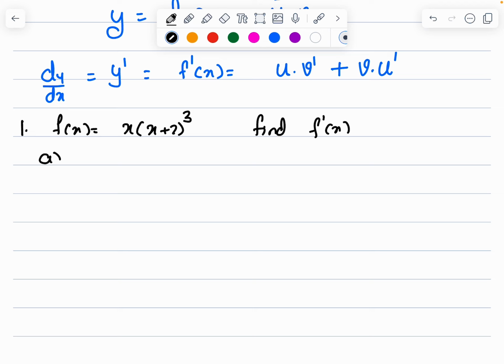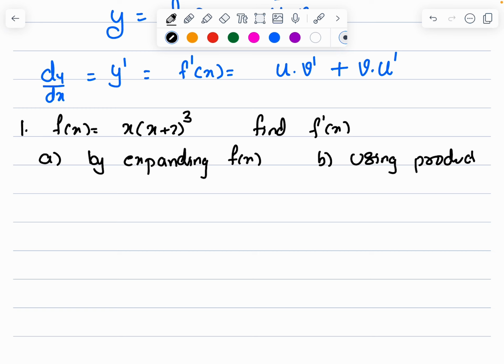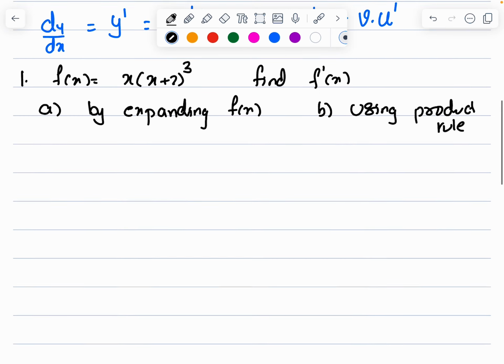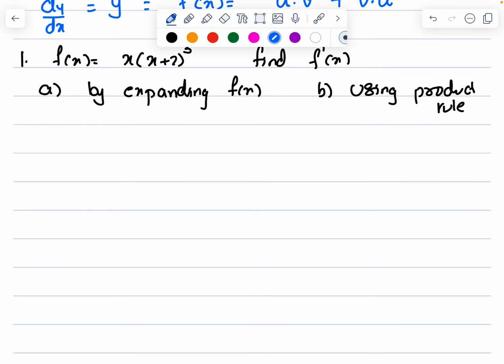There are two options. The first one is by expanding f of x, and the second option is using product rule. In either case, you find it out. So I'm going to do the first option, option A, expanding x times (x plus 2) whole cube.